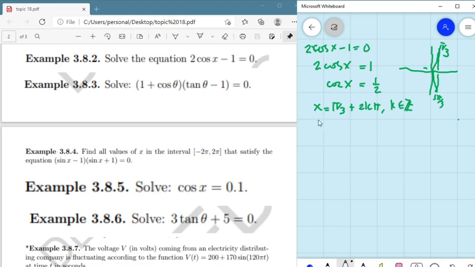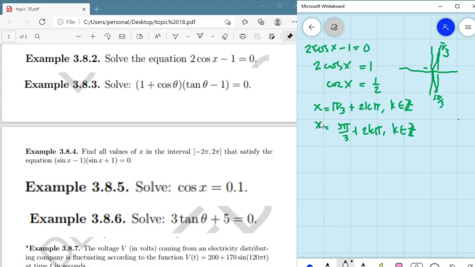Okay, another solution is x equals 5 pi over 3 plus 2k pi, wherein k is in the set of all integers. Even if you go around many times, the solution is still the same. Okay? So, any concern?